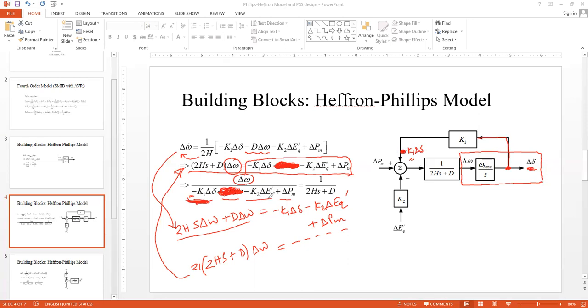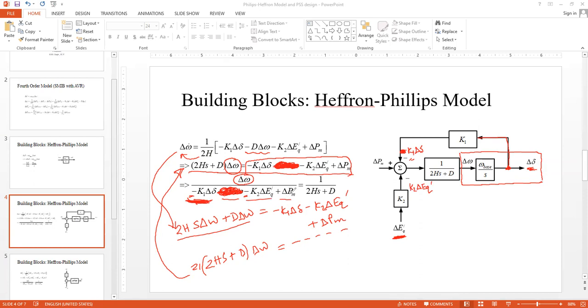Then you need minus k2 del eq prime. We don't know yet from where we would get del eq prime, so we are just keeping it, as we know that del eq prime would be available. Once we get del eq prime, we would multiply it with k2, with a minus sign.